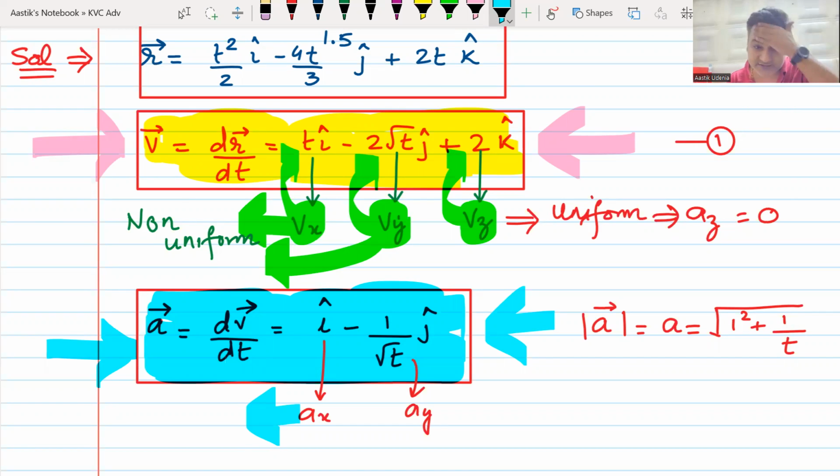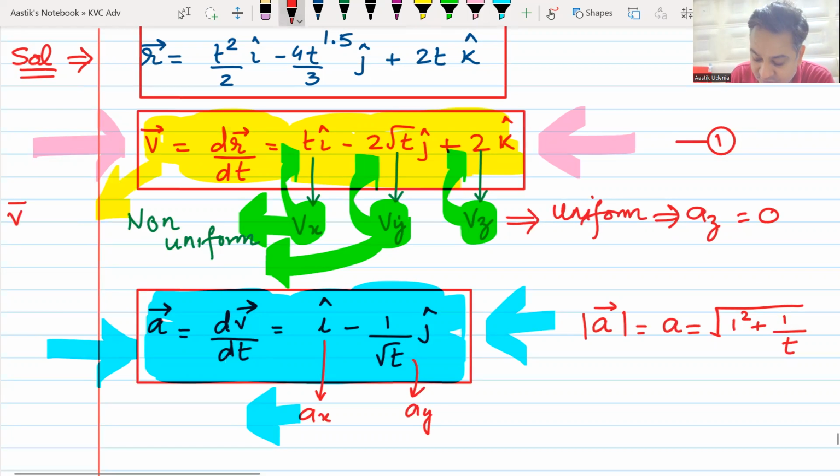Okay, we have found out the magnitude of acceleration. That also asks us to find out the magnitude of velocity. Can you find out the magnitude of velocity? I can simply write it as v. What is the magnitude of velocity, my dear friends?